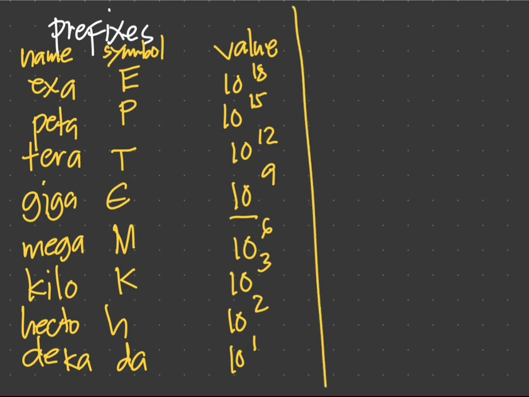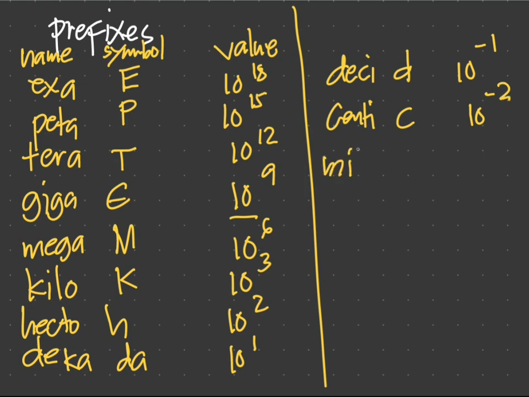Then we have deci, symbol D. That's why I don't use D for density. I always use rho because D can mean deci or diameter. So deci is 10 to the negative 1. Then centi, C, 10 to the negative 2.